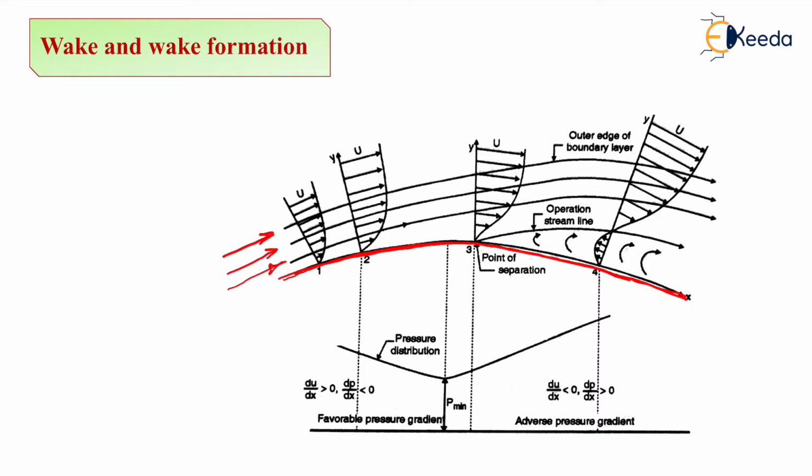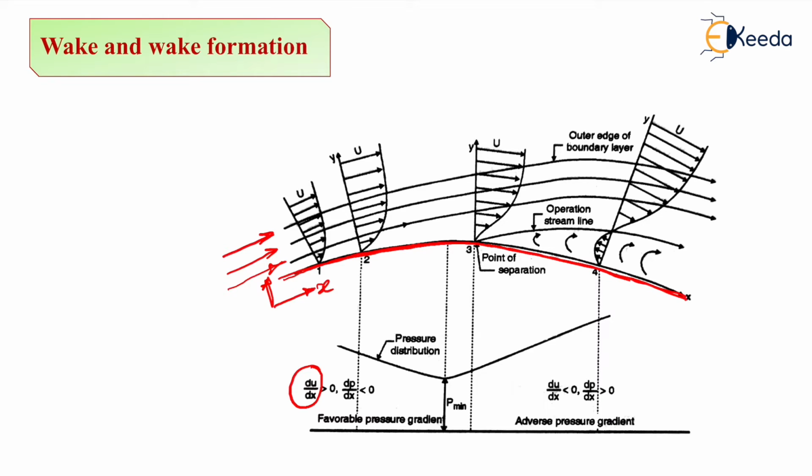If we talk about the ratio du upon dx, change in velocity of layer with respect to distance, here the x is along the boundary, so I will draw a reference x as this. This x is traveling around the boundary, so change in velocity with respect to x is greater than 0. It means that this rate is more or positive.